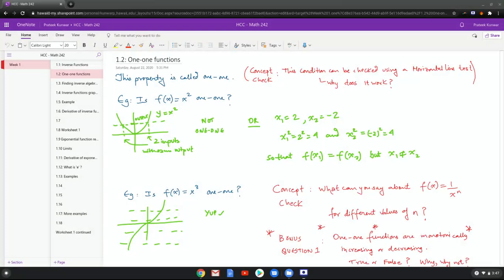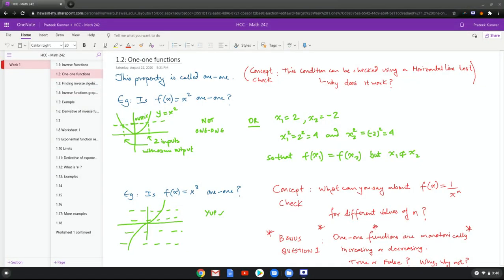They are always either increasing or always decreasing. So the bonus question is: is this statement true or false? Why or why not? I will be creating a bonus assignment tab on Google Classroom, and if you want to respond to this problem, you can add your responses over there and they will be graded.